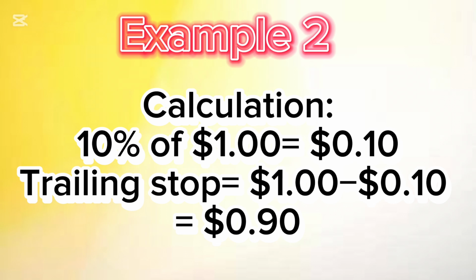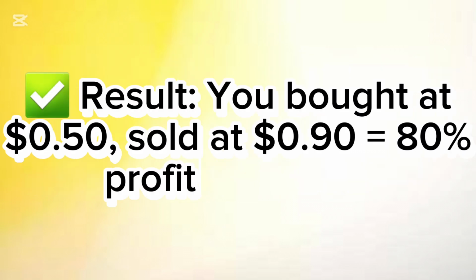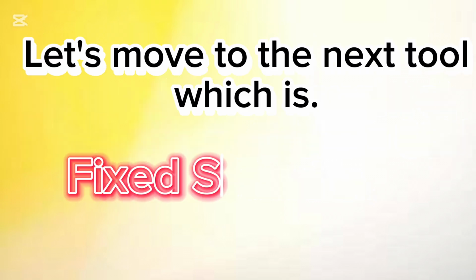I don't know if you get me. So the trailing stop loss will be $1 minus $0.1, which is 0.9 USDT. If the price pulls back to 0.9, your position is sold automatically. You bought at 0.5, sold at 0.9, which is 80% profit locked in. So that's a very big move.